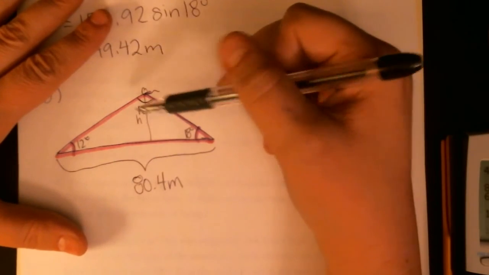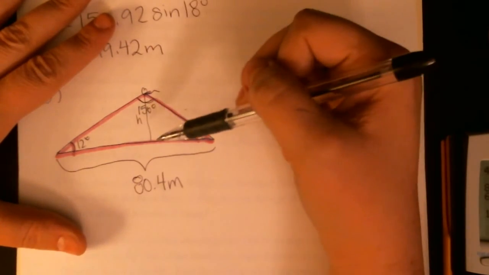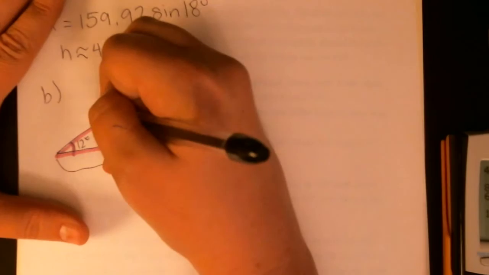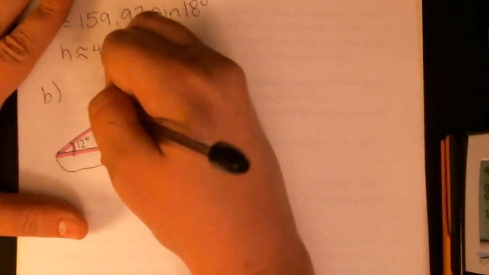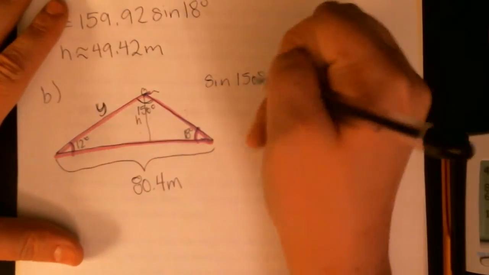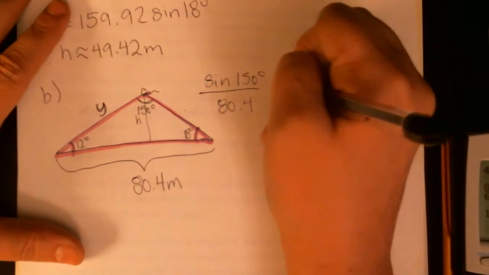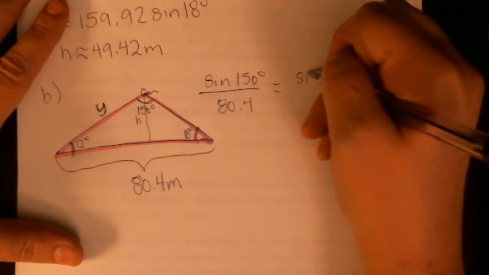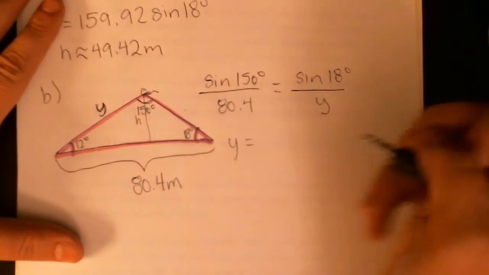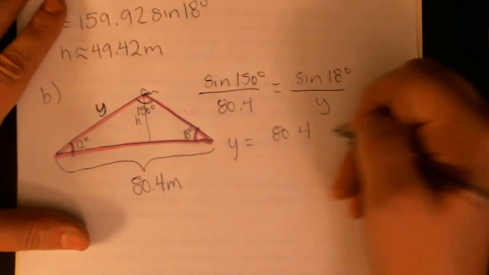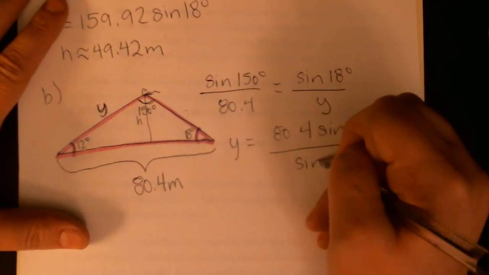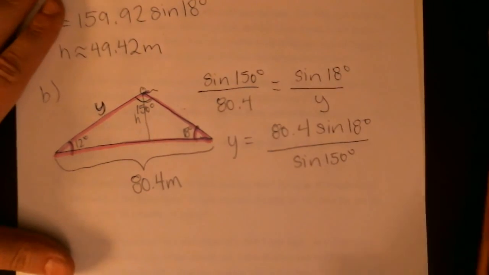So I can use this again to solve for either of these other two sides of the big triangle. That's not what I'm looking for, but once I've got a single side of one of the right triangles, I can use right triangle trig to solve for h. So let's just go for, we'll call this, use a different letter, y. I would say that sine of 150 degrees over 80.4 is equal to sine of 18 degrees divided by y, which means y is equal to 80.4 sine 18 degrees divided by sine of 150 degrees.